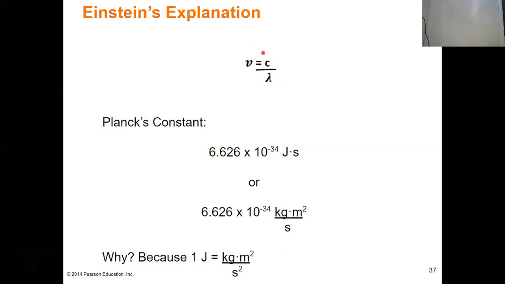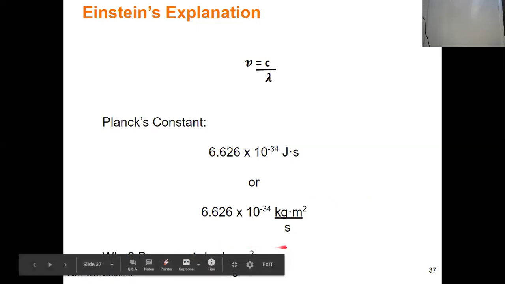And Planck's constant is this value here, which you have to know, 6.626 times 10 to the negative 34 joules times seconds. Now, we already talked about what a joule means when we talked about chapter 5 and our kinetic theory of gases. So you should remember that a joule is equal to kilograms times meters squared over seconds squared.